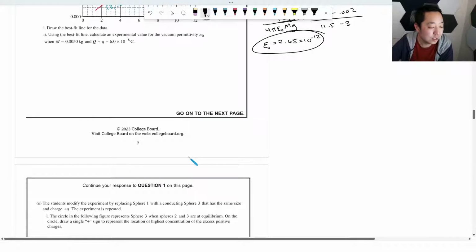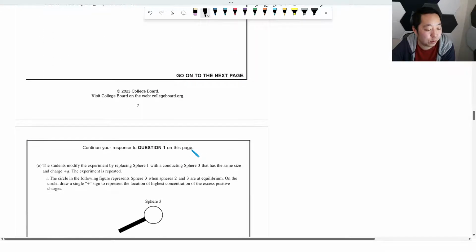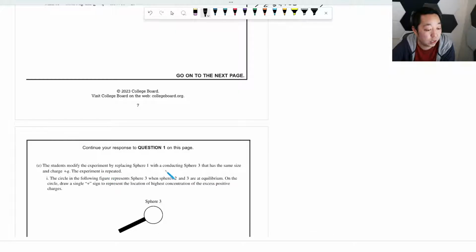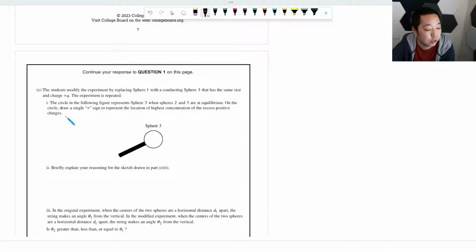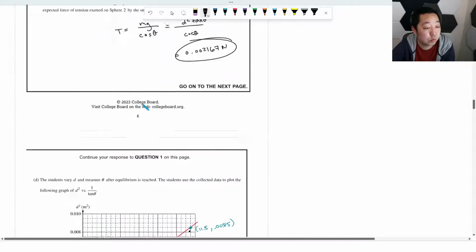I don't know. Okay, students modify the experiment by replacing sphere 1 with conducting sphere 3 that is the same size and charge plus q. The experiment is repeated. The circle represents sphere 3, when the spheres are at equilibrium. On the circle, draw a positive charge to represent the location of the highest concentration of the excess positive charges, a single plus sign. Okay, so what are they doing?